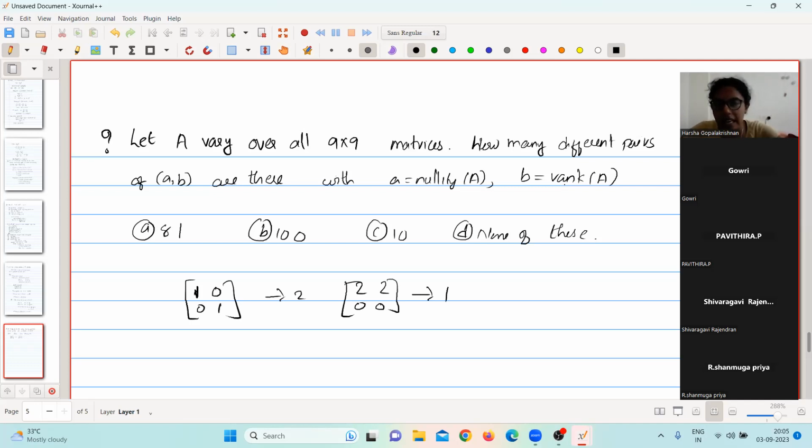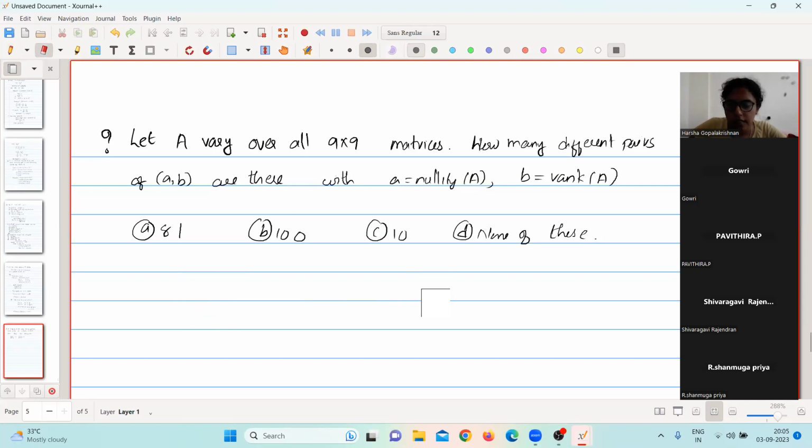So the rank means the same rank. You can see A as the matrix form of a linear transformation, or A just as the matrix, and this rank is the same as that rank. So as a matrix, what is the maximum possible rank of A? 9.